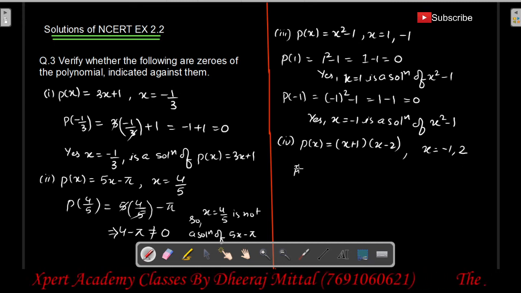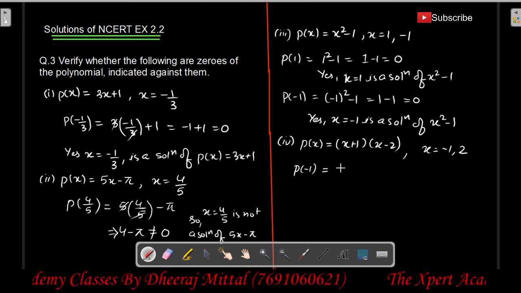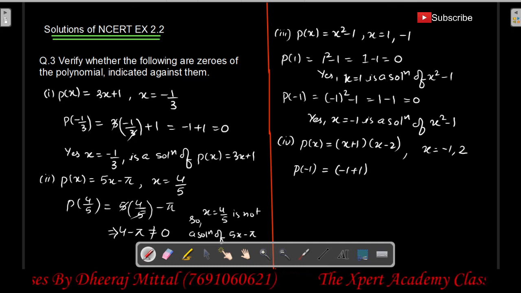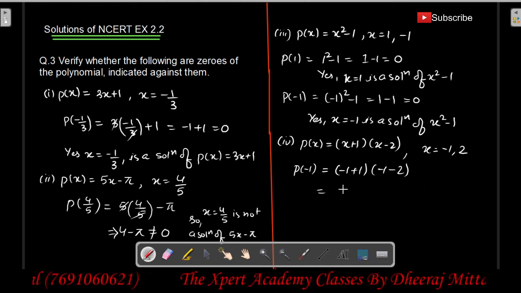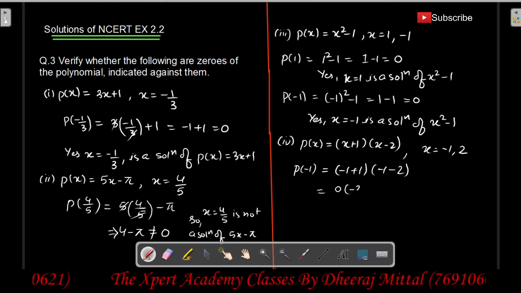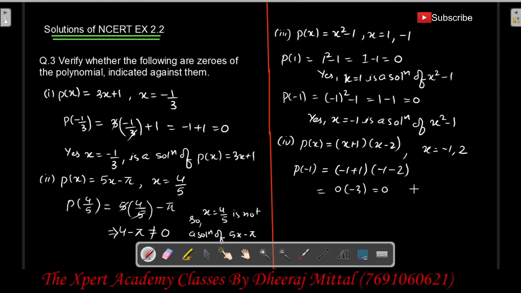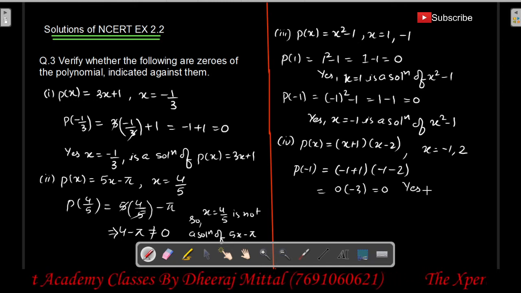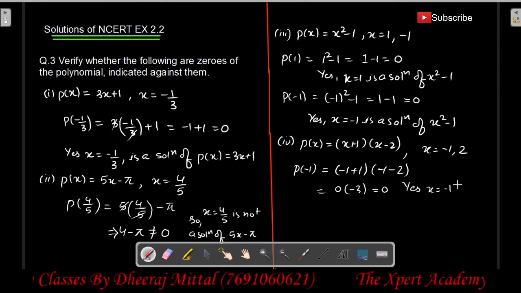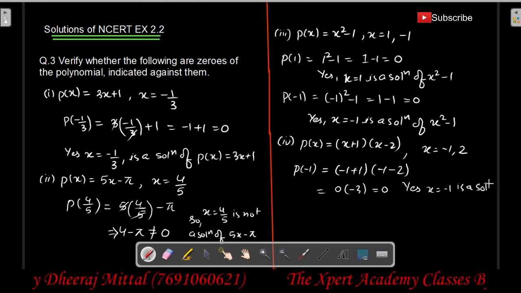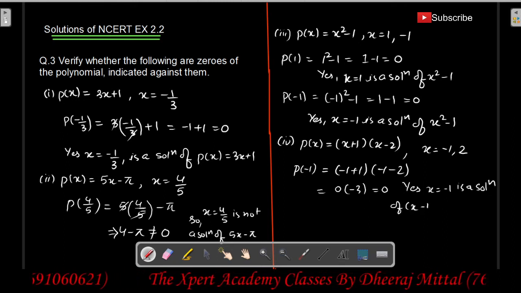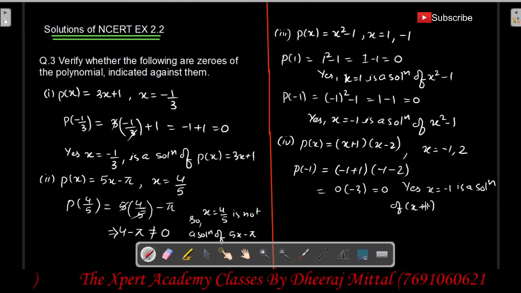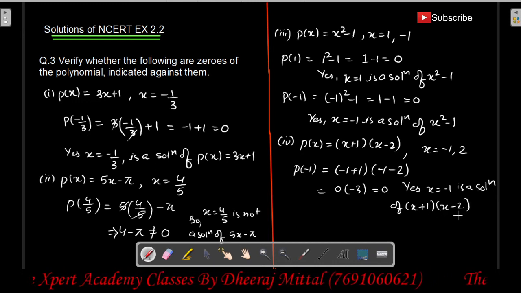So at minus 1 it will be minus 1 plus 1 into minus 1 minus 2. So it is equal to 0 into minus 3, that is equal to 0. So what will we write? Yes, x is equal to minus 1 is a solution of x plus 1 into x minus 2.